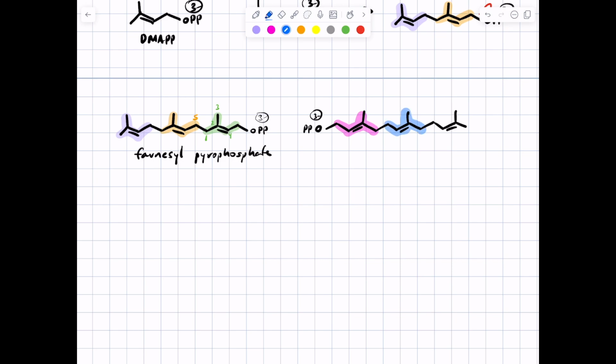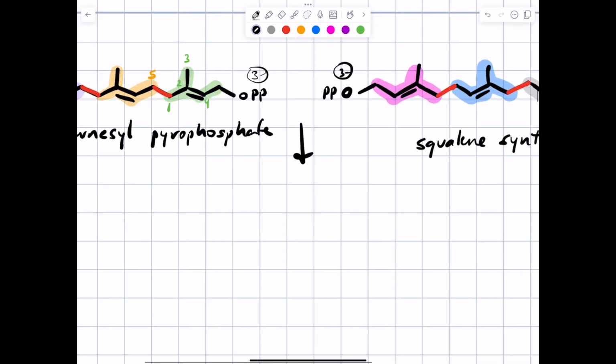I'm going to highlight the isoprene units that are present in this product in this starting material. I'm also going to highlight the bonds between isoprene units that were present in these linear precursors. So you get 2 of these, and nature actually uses an enzyme called squalene synthase, and you actually also need a reducing agent.